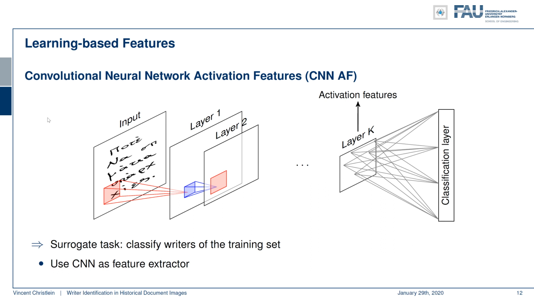But the scenario we are typically dealing with is that we have a totally different test set. Training and test set have independent writers. In this scenario, we need some features, and you can use, for example, the activation features of the last or the penultimate layer. If the last layer would be the classification layer, then it would be the penultimate layer. You use the CNN as a feature extractor, and then you can continue.